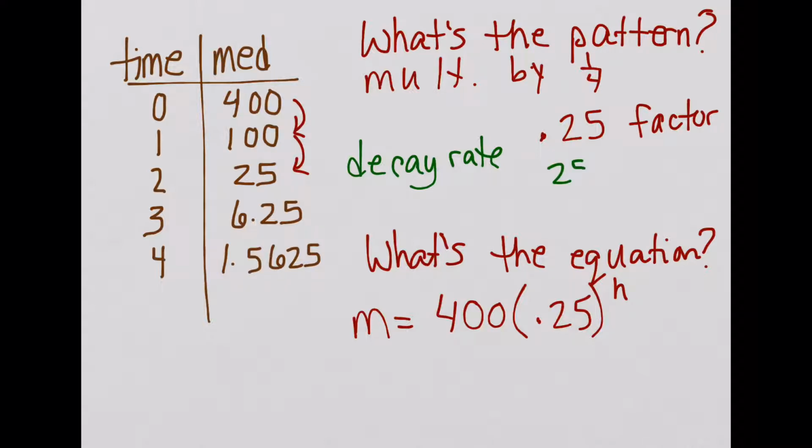So that would be 25%. Then we're going to subtract 100%. And so we get a negative 75%. That is our decay rate. And what that's saying is that we are losing 75% of the medicine every hour. Our body is using 75% of the medicine every hour.